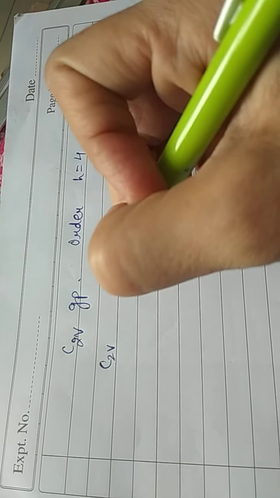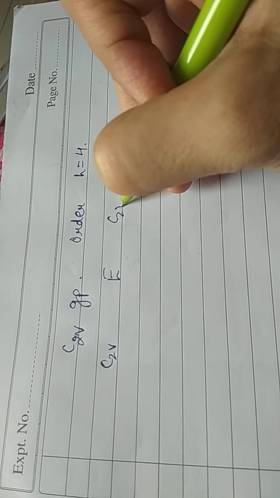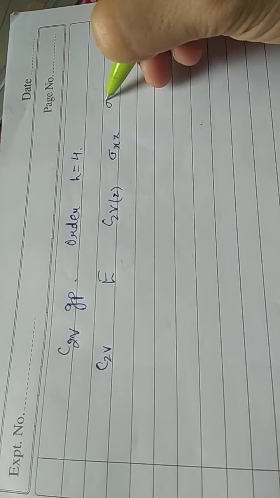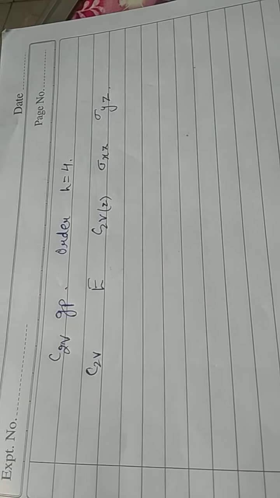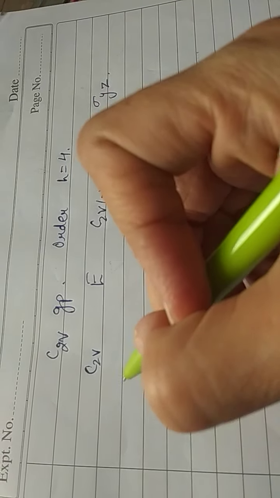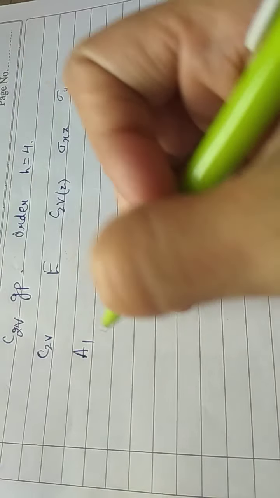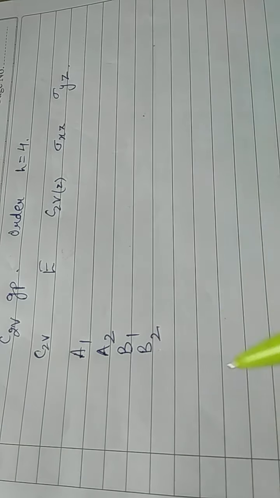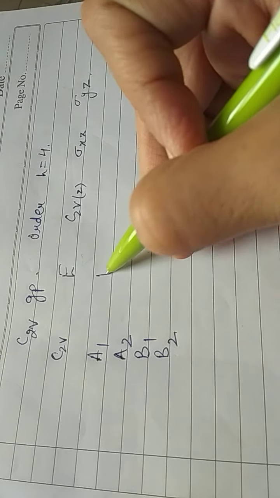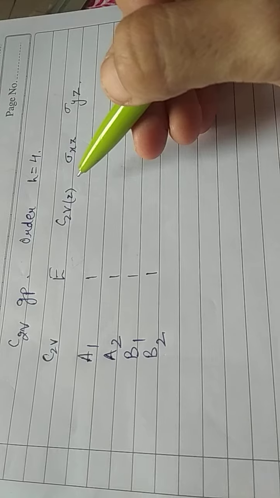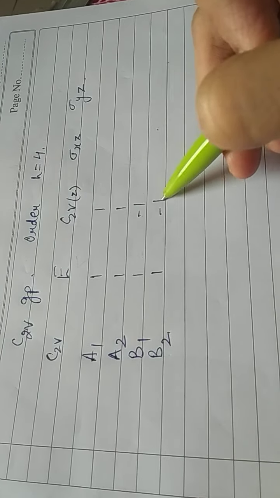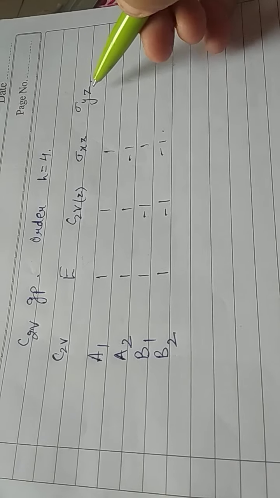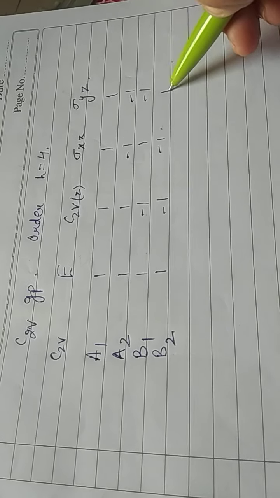Let me write its character table for you: C2v, E, C2(z), sigma xz and sigma yz. With the Mulliken symbols A1, A2, B1 and B2, the characters are 1, 1, 1, 1 for A1; 1, 1, minus 1, minus 1 for A2; 1, minus 1, 1, minus 1 for B1; and 1, minus 1, minus 1, 1 for B2.